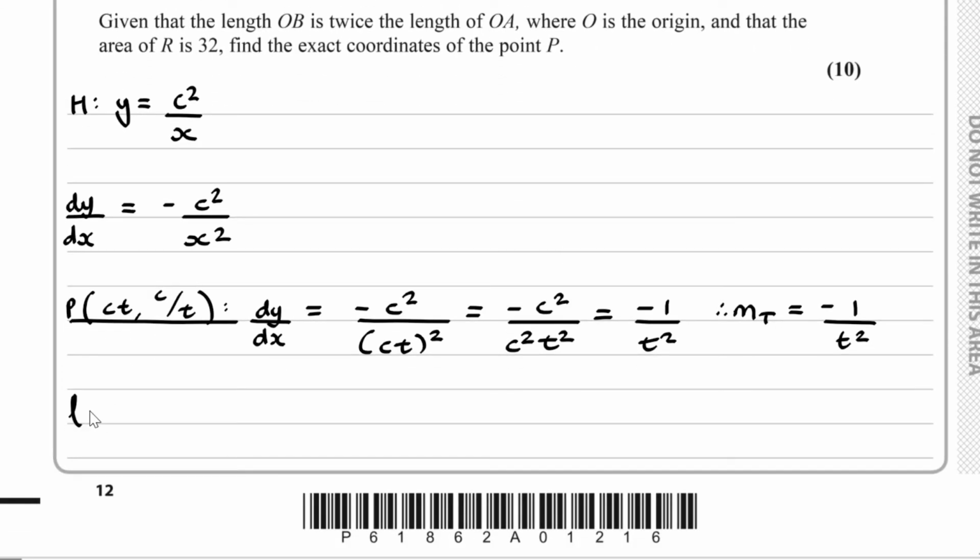So in terms of the line L, that's given by y minus y1, so we have y minus c over t. Again, we're considering this point P. So we have y minus c over t equals the gradient, minus 1 over t squared, lots of x minus x1, so we have x minus ct.